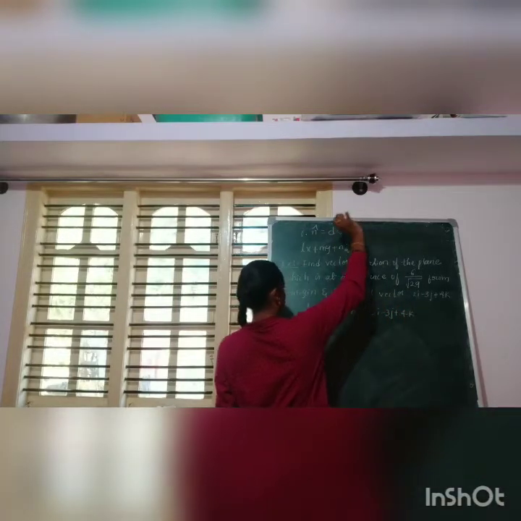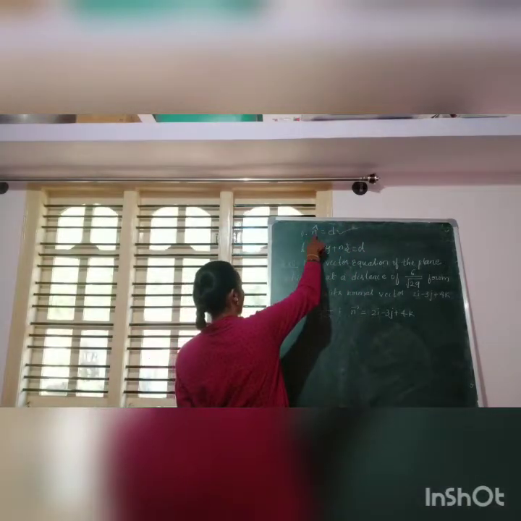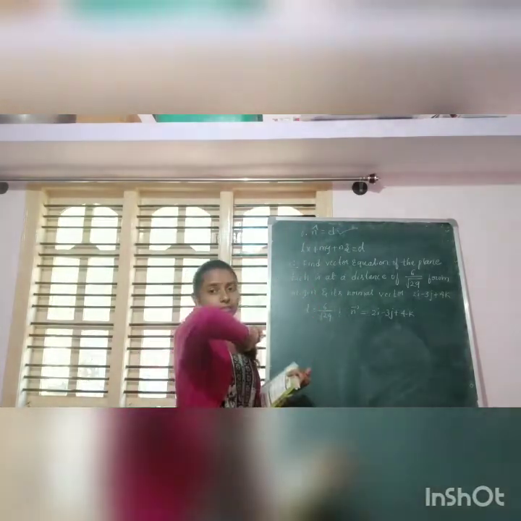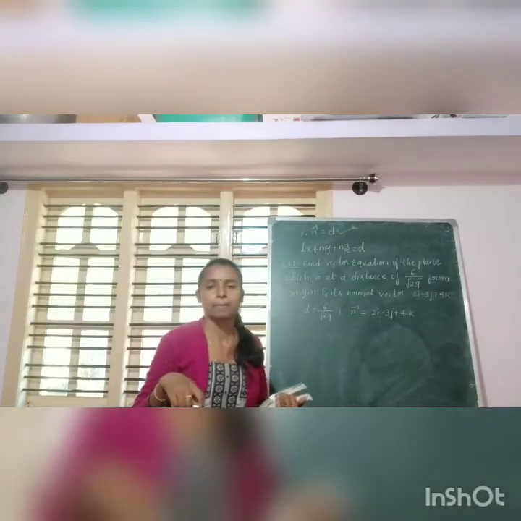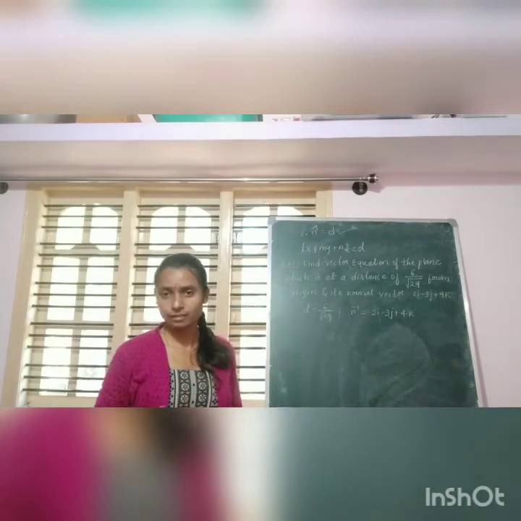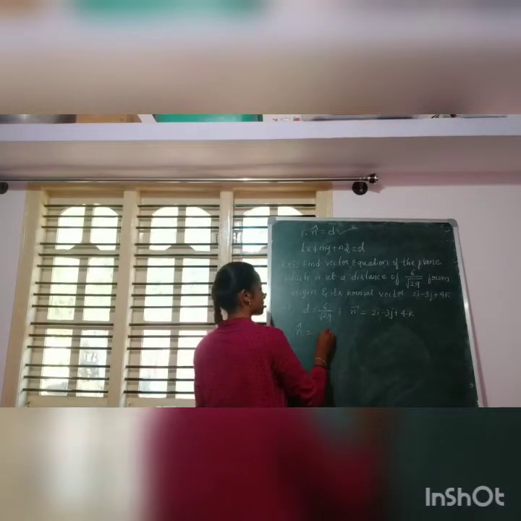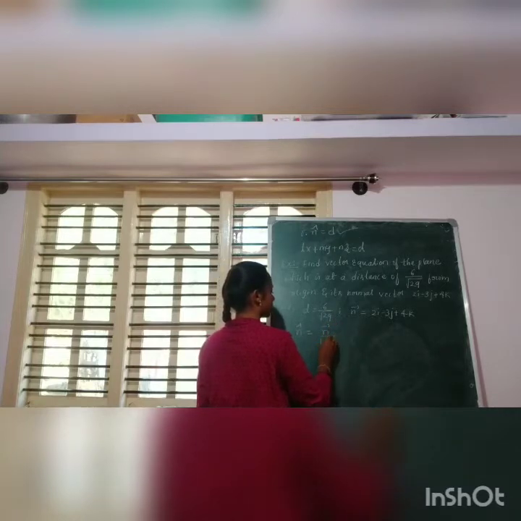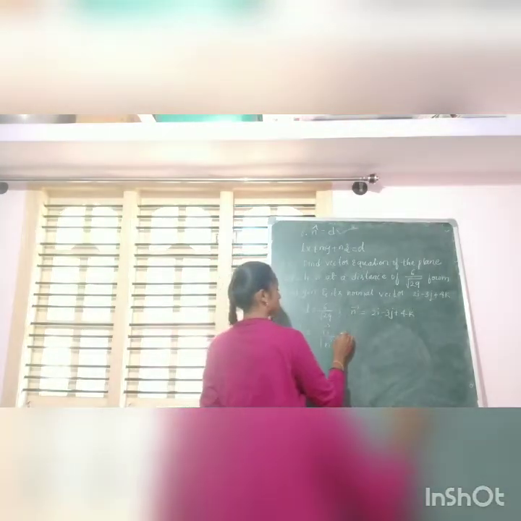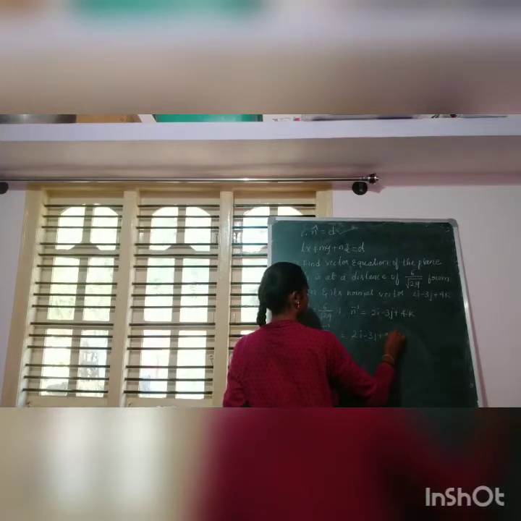The vector equation of a plane is r dot n cap is equal to d. We can write r as it is, but we need to find n cap. Our normal vector is given, but it is not a unit normal, so we have to find n cap. N cap is the n vector divided by the modulus of the n vector. The n vector is 2i minus 3j plus 4k.